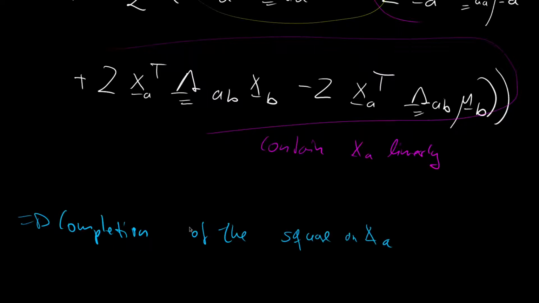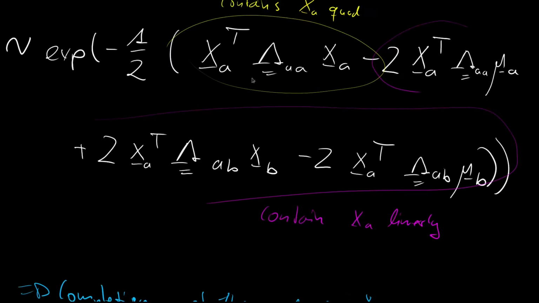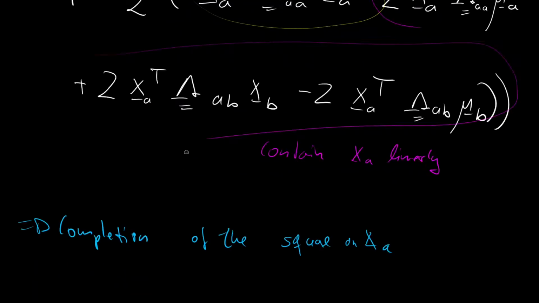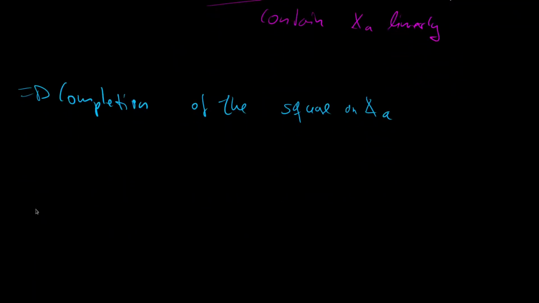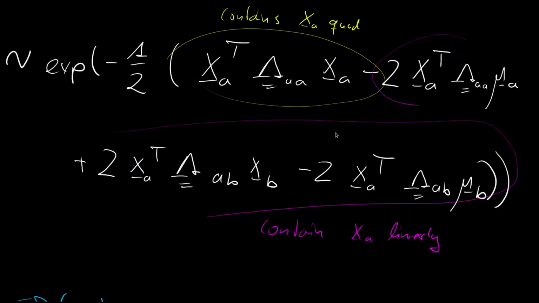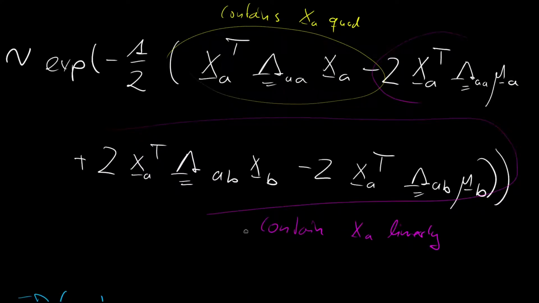And what do we have to do for this? Let me first rearrange it a little bit. I will have an exponential of -1/2 and then opening brackets, and I will keep the quadratic term as is. Here I will bring out the common factor, which is always XA transpose.